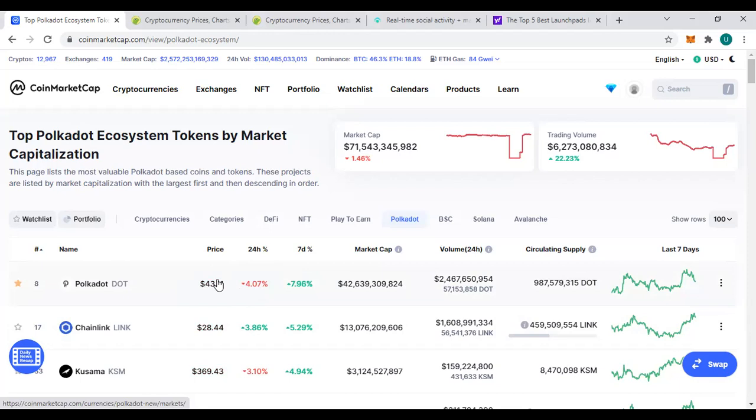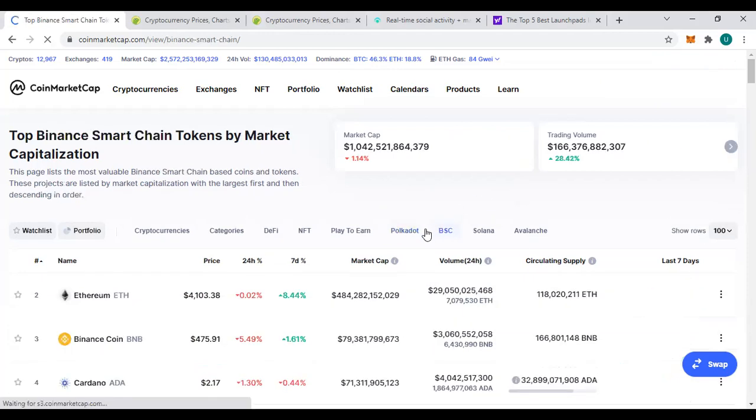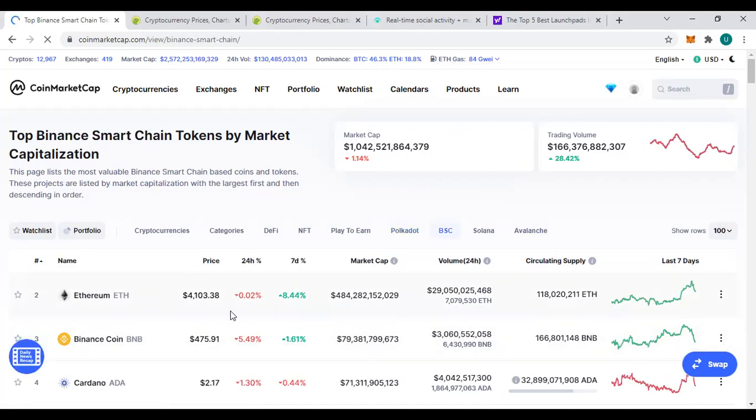I'll explain. We're actually going to do a different analysis about that subsequently. So we were at Polkadot. BSC is Binance Smart Chain. Now Ethereum has a BSC wallet address, which if you go to Binance, you see that way. Any coin that has any relationship with BSC will always be listed here, right?